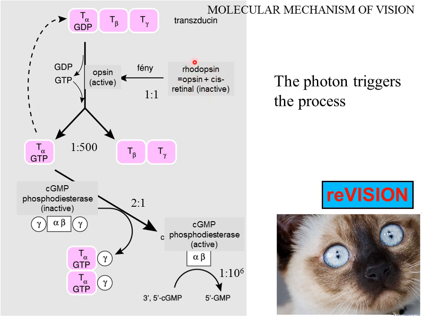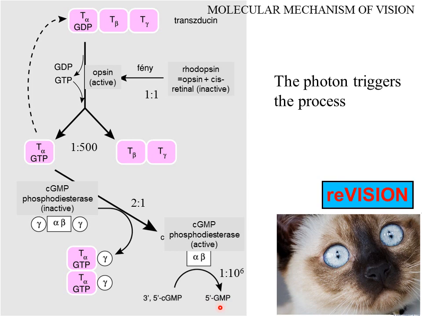So it is going to be activating this transducin protein, and transducin has an effector called cGMP phosphodiesterase, which was inactive before, but the GTP bound alpha subunit of transducin activates this effector, and then cGMP phosphodiesterase cleaves cyclic GMP into guanosine monophosphate, the linear guanosine monophosphate.